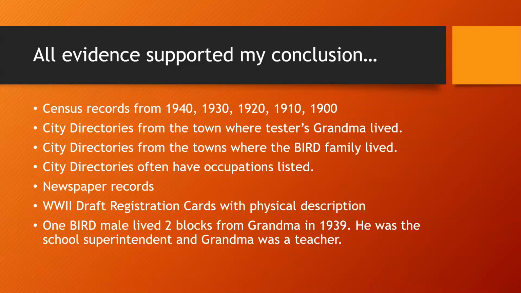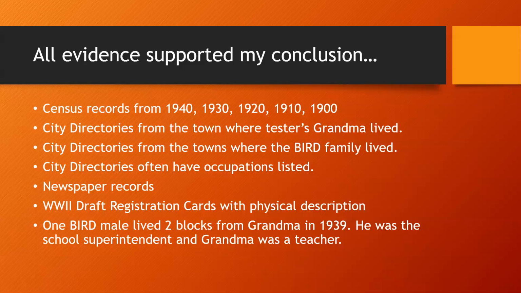The World War II draft registration cards have physical descriptions of men. So if you're looking for any sort of key evidence about who potentially could be the father of someone, sometimes the physical description is very telling. What we eventually figured out is that one of the Bird men lived 2 blocks from the tester's grandmother in 1939, and he was the school superintendent and grandma was a teacher.